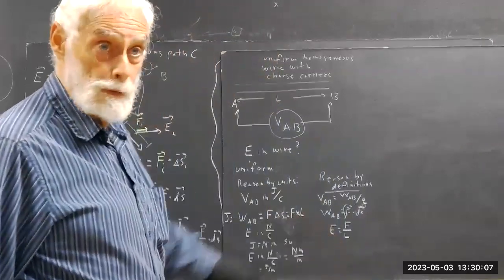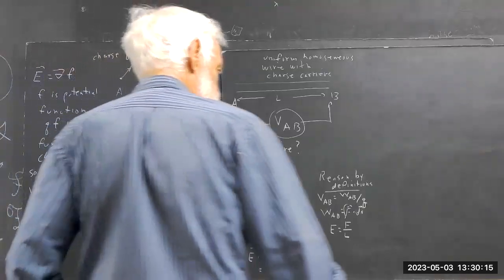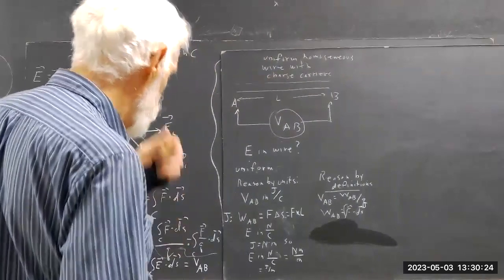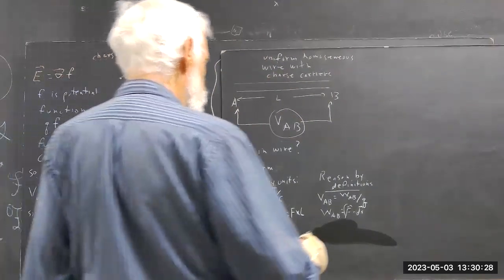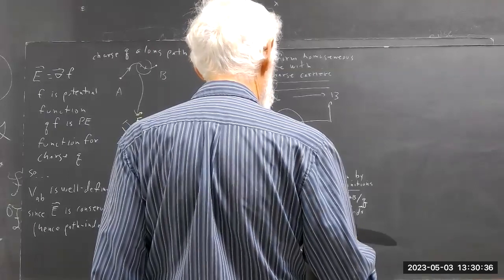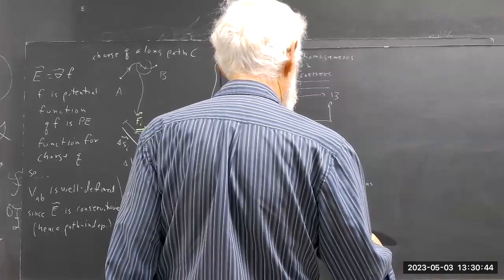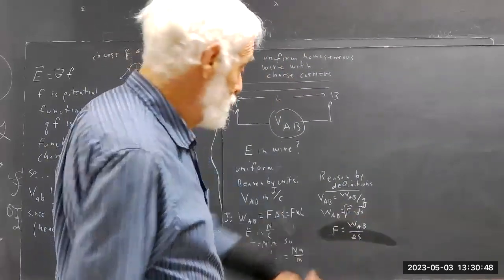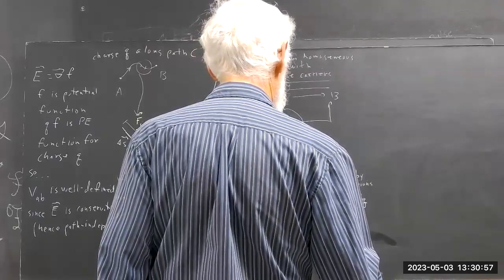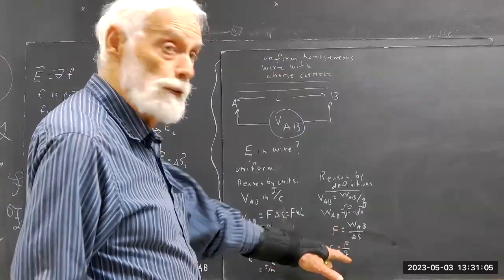The electric field is going to be a force. The force is the work done divided by delta S. Your electric field is force over charge.